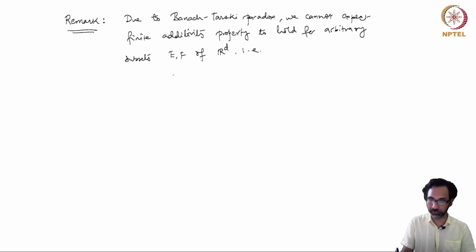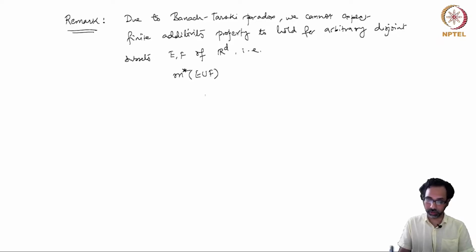This is to say that, for arbitrary disjoint subsets of Rd, the outer measure of E union F may not be equal to the outer measure of E plus the outer measure of F.